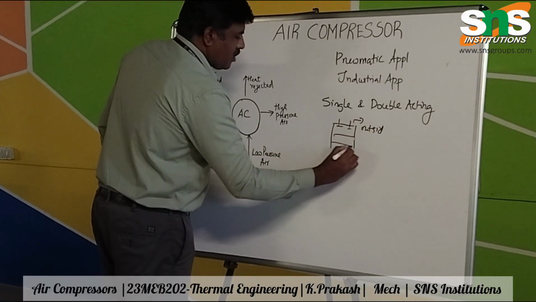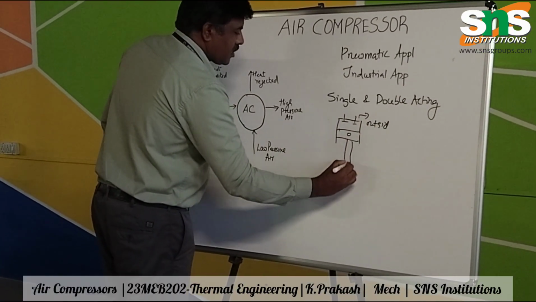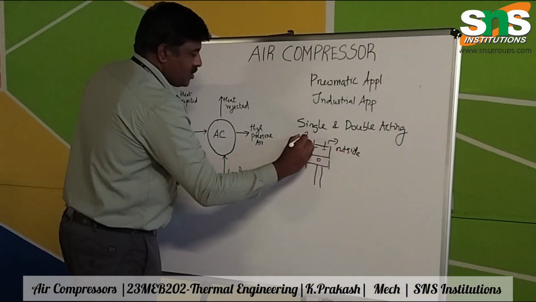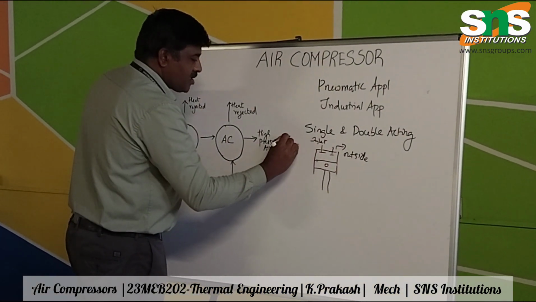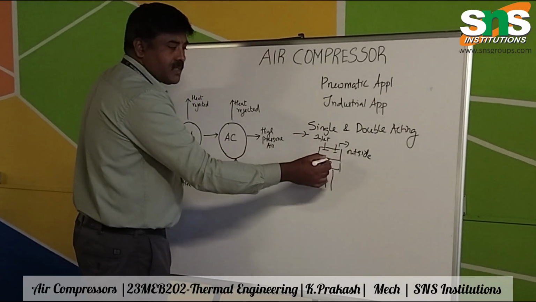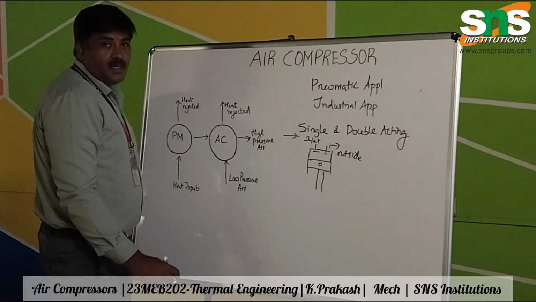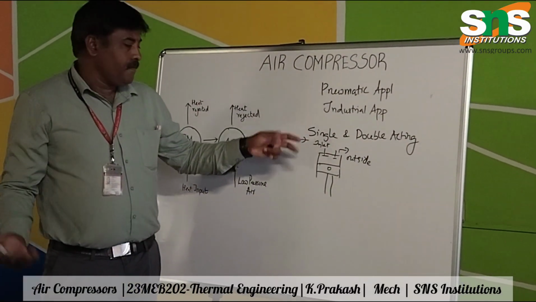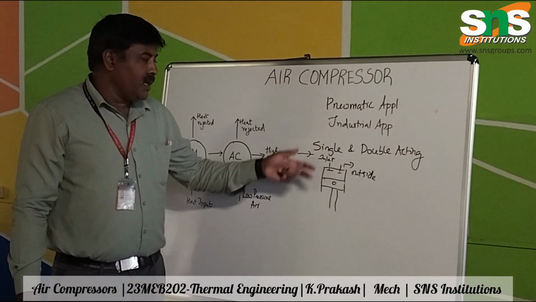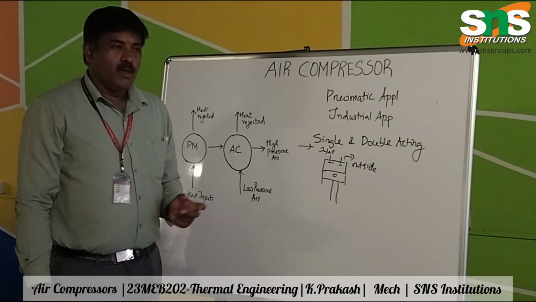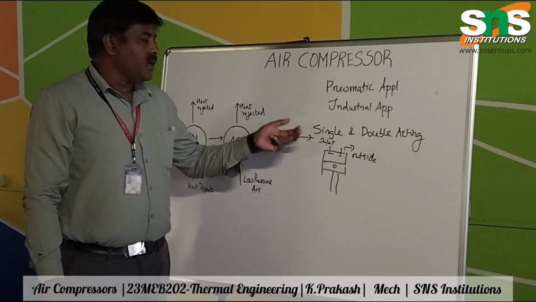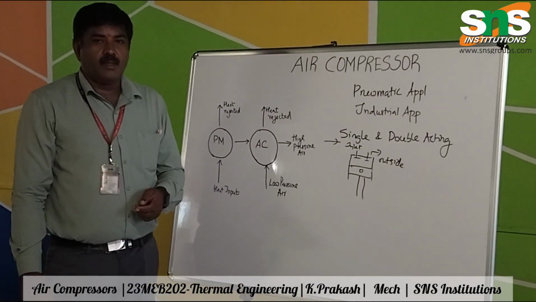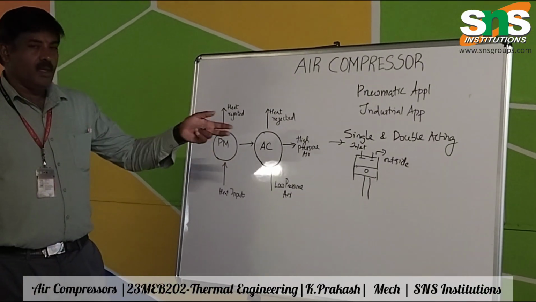Here there is a piston setup. Air is taken inside through the inlet, compressed, and sent outside as compressed air. If the suction and the compression take place on the same side, then it is called a single acting cylinder. But if the suction and delivery take place on both sides of the piston, then it is double acting. This is based on the working.